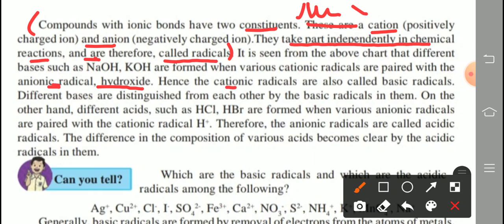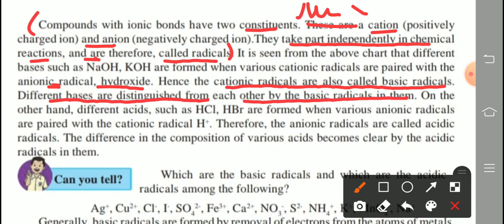Hence, underline, the cationic radicals are also called as what? Basic radicals. Different bases are distinguished from each other by the basic radical in them. Underline this sentence. On the other hand, different acids are given in that previous table, such as HCl, hydrochloric acid, and HBr, hydrobromic acid, are formed when various anionic radicals, anionic means negatively charged radicals, are paired with cationic radical H plus, because H plus is the main constituent of most of the acids.